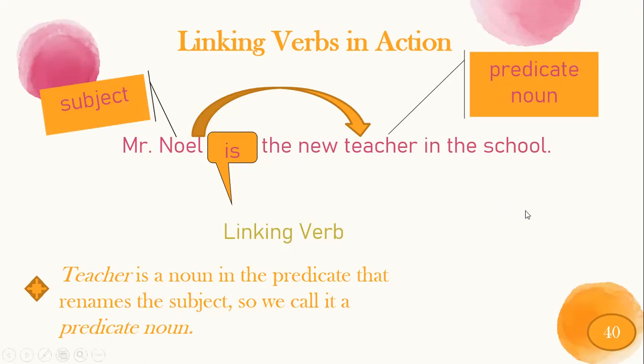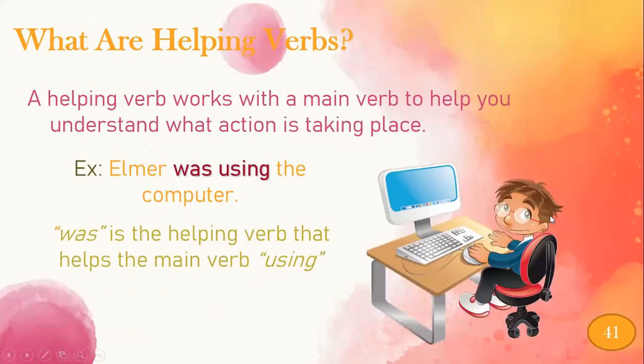That's it. And notice that after the linking verb, I should have either a predicate noun or a predicate adjective that talks about the subject itself. Clear? Clear till now? Do you have any questions about the linking verb? Okay, great.